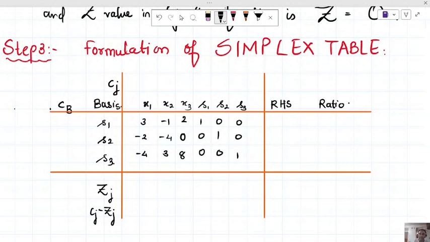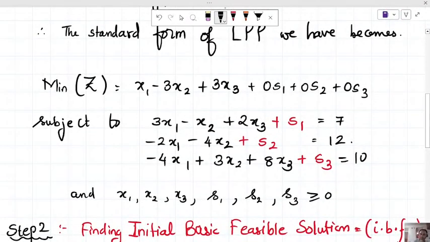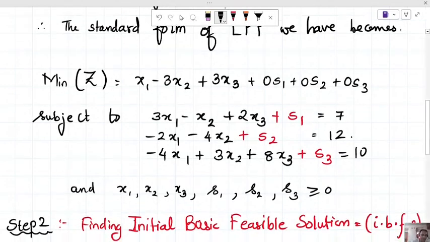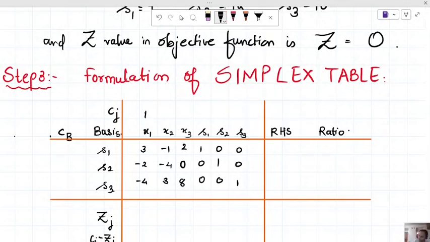Alright, now we write down Cj. Cj is nothing but all the coefficients that are there in the objective function: 1, minus 3, 3, 0, 0, 0. The RHS here is 7, 12 and 10.